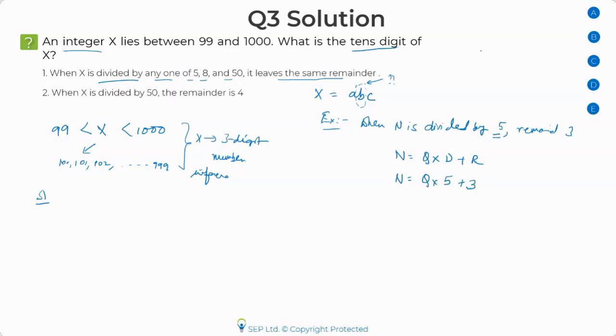A simple example could be n = 18. If I divide 18 by 5, I get the remainder 3. So I can write 18 as quotient 3, divisor 5, and remainder 3. This is the form that I'm talking about: n = q times d + r. Whenever you see a statement like this, you should be able to infer that you need to use this concept.